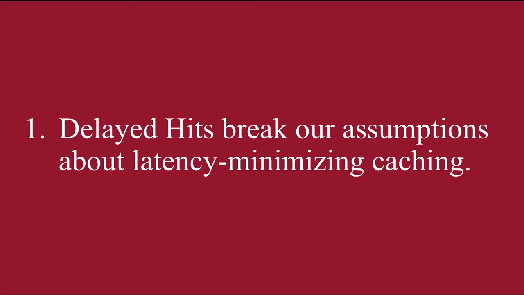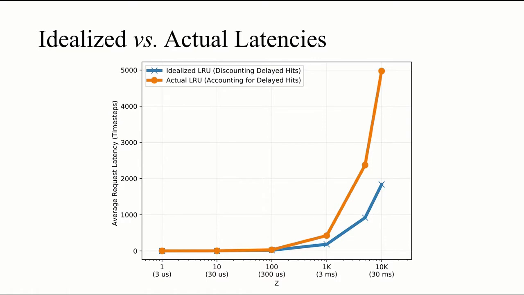First, let's take a look at the impact of delayed hits on our traditional caching models. This graph depicts the behavior of two simulated models in the network setting. One that accounts for delayed hits, labeled actual and shown in orange, and one that does not, labeled idealized. On the y-axis, we have the average request latency, and on the x-axis, we sweep our z parameter.